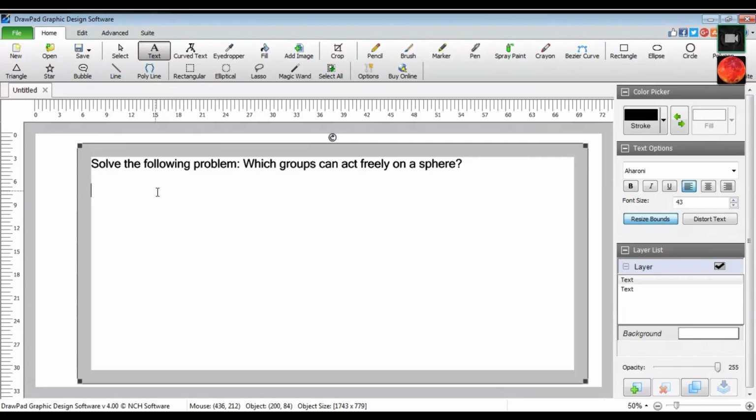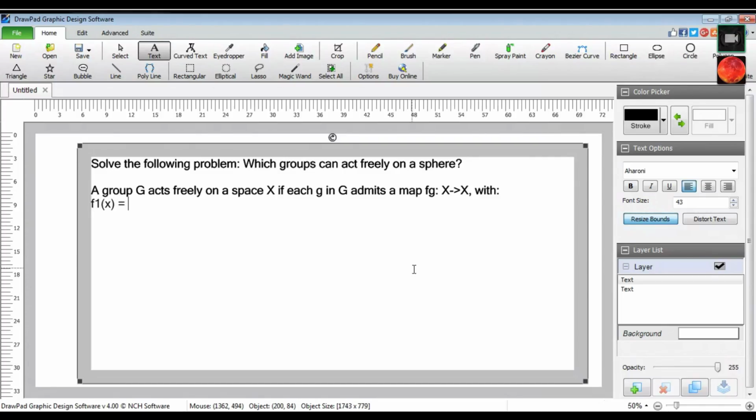So what we need is, I'm just going to go through the terminology real quick. What is a free action? A group G acts freely on a space X if each g in G admits a map, I'm going to call this F_g, from X to X with the following properties.